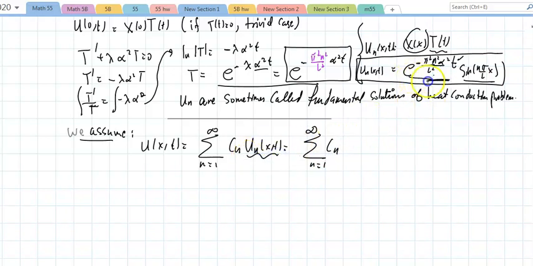I'm just going to copy that right there. e to the negative pi squared n squared alpha squared over L squared t times the sine of n pi over L x. This converges.